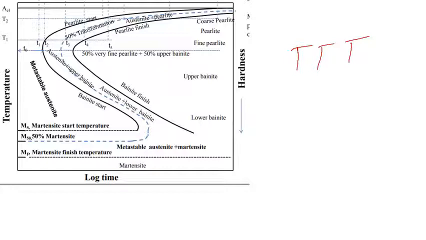So for example, if you look at this T2 temperature, right? And if you go along this temperature with respect to this log of time, right? So this is actually the log of time scale, and this is the temperature scale. So if you move, then you will see that here is the perlite, right? So this is basically a TTT diagram for the iron carbon alloy, right?